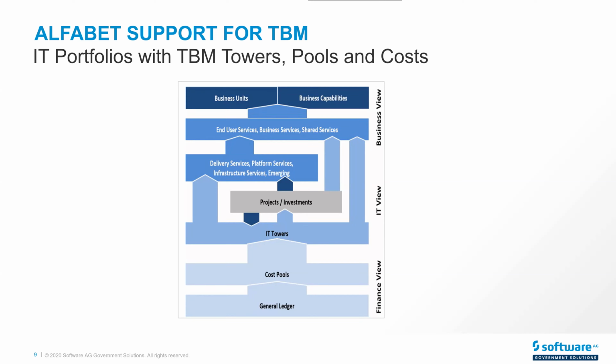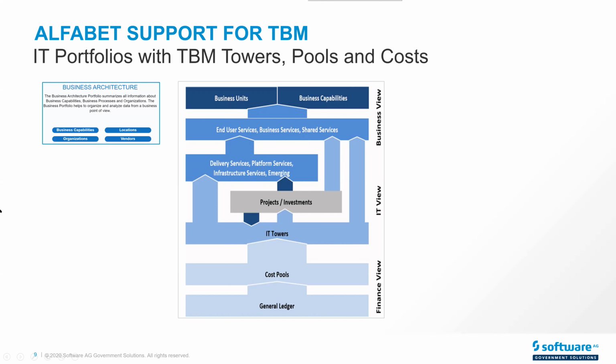And the way that it does that, Alphabet supports the creation of different portfolios. One of the things that we'll see is that we can address the business architecture layer, and this is where we would take our ability to manage business capabilities and make sure that they are one of the anchor points in this TBM model. We'll also see the organizations, which translate into the business units, and then we can also address other layers in the business architecture.